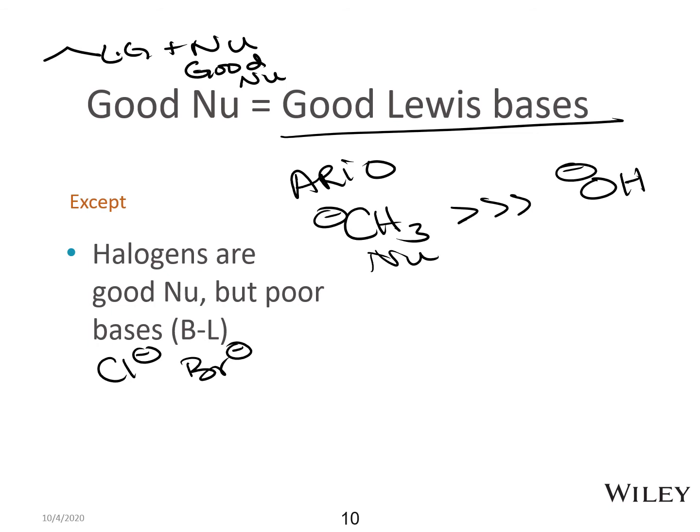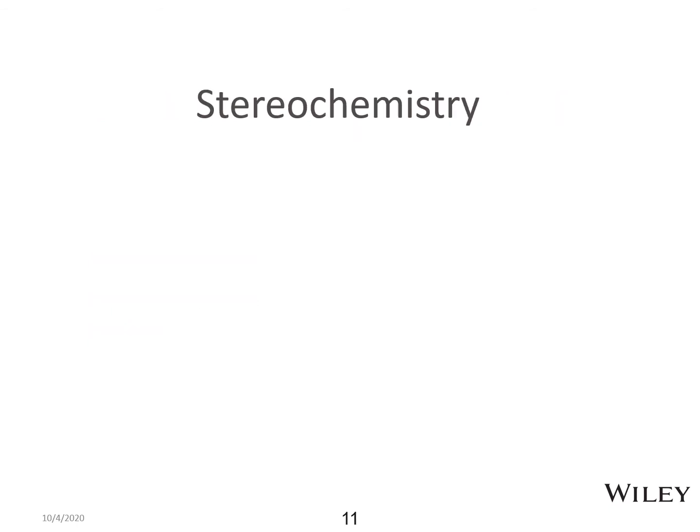And using that same judgment, this thing, acetate, which some of you had on test 1, is actually a very poor nucleophile. It's a poor Lewis base. Even though it has a negative charge, because of resonance, it's not very good. So when we look at those things, you want to look at your handout and use ARIO to help justify.